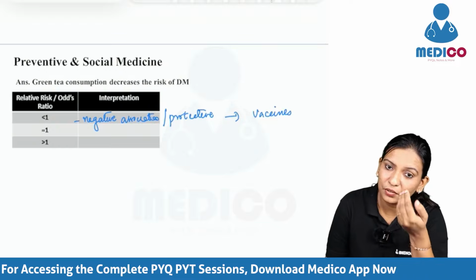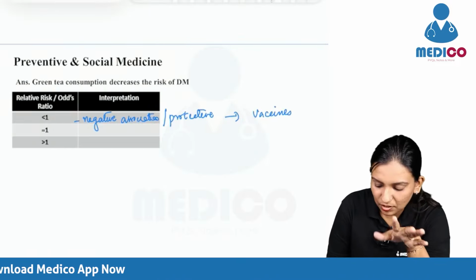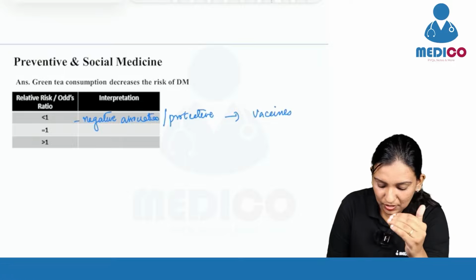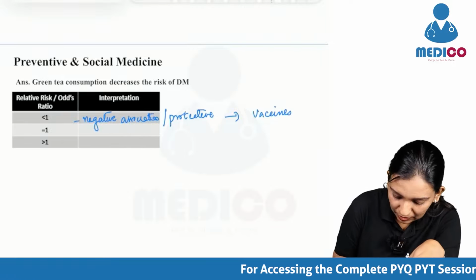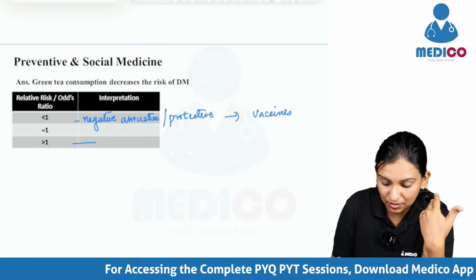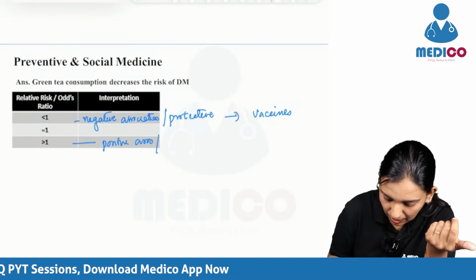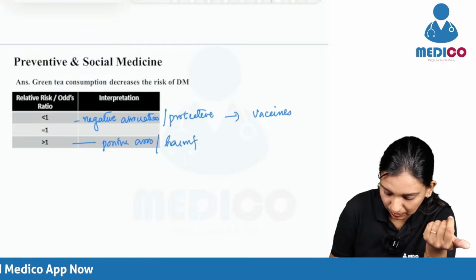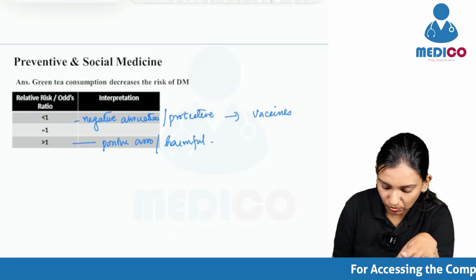You're giving it so that you can prevent the disease or prevent the outcome. So with vaccines and the like, you get a relative risk less than 1, which is beneficial or protective. And if the relative risk is more than 1, that means there is a positive association and it is harmful. You have a higher risk. And if it is equal to 1, that means there is no relation, there is no risk.